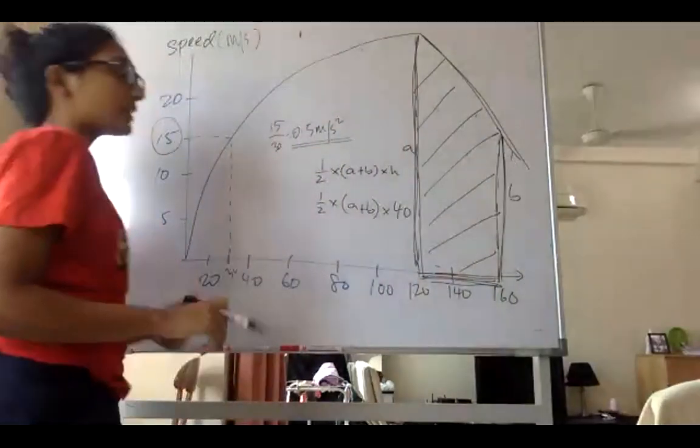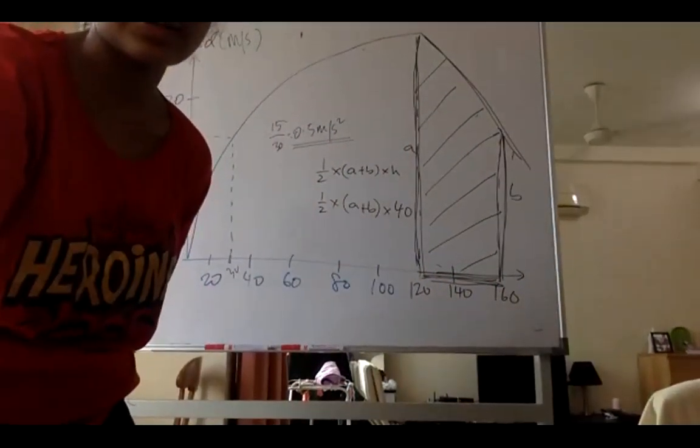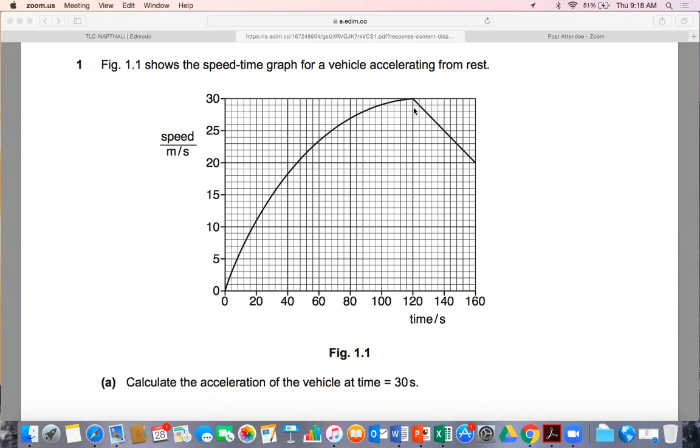After that, what is the length of the parallel sides? The sum of the parallel sides. What is the length here? 30.